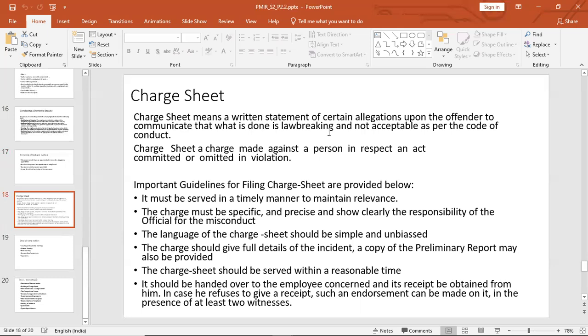If someone has made a mistake, the organization has to issue a charge sheet to that person. Everything is in written form. So what should be written? That is the charge sheet format, with important guidelines for filling it.